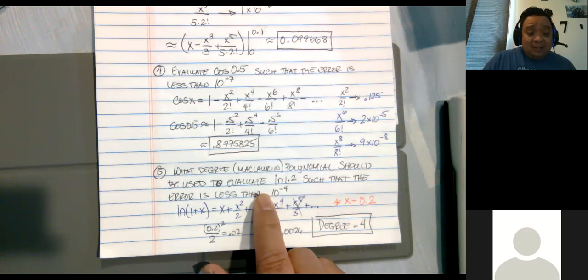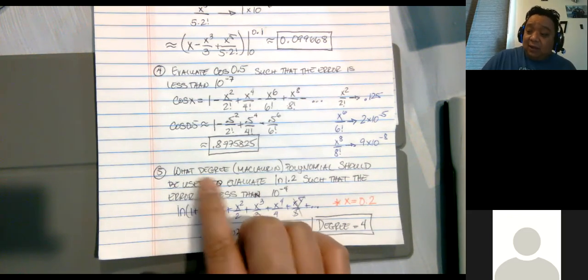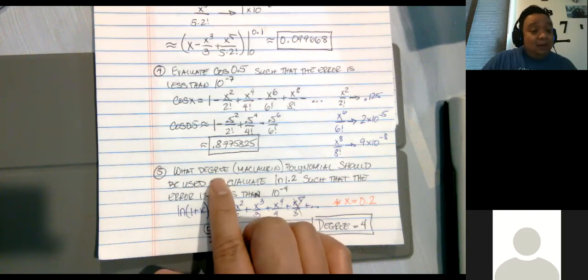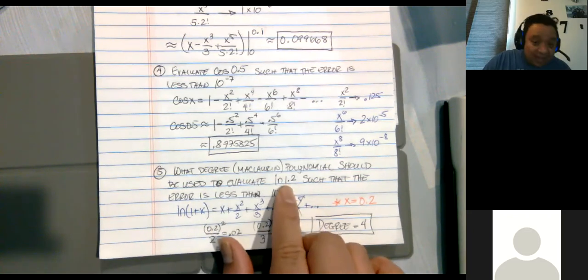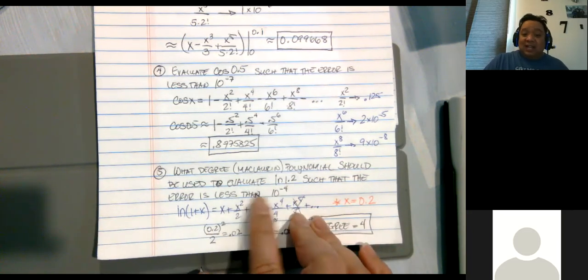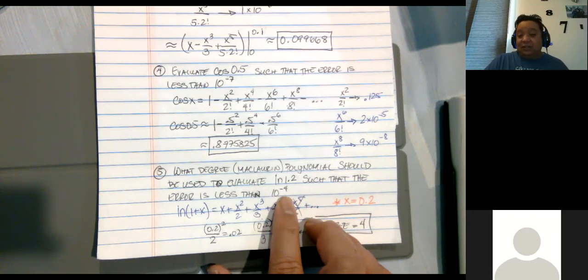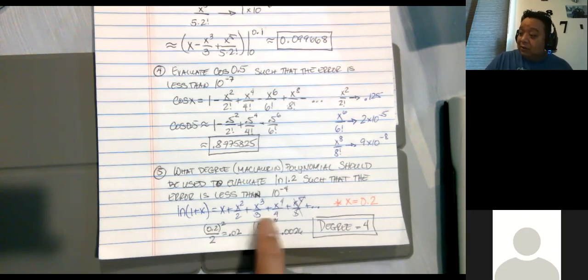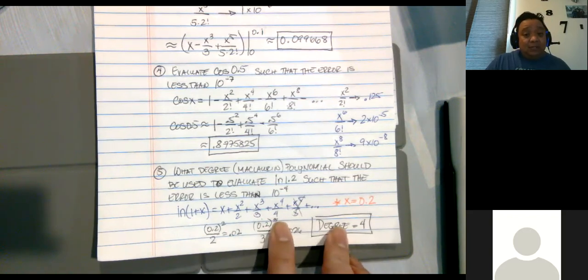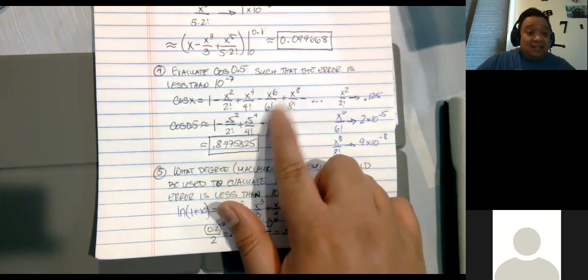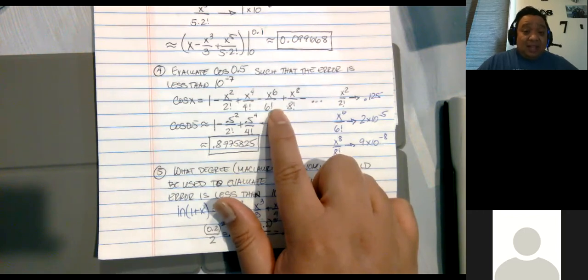Another way to ask the same question is, instead of saying what degree, they're going to say how many terms. So how many terms are you going to use to approximate your natural log of 1.2 so that your error is less than 10 to the minus 4? For us, that would be 1, 2, 3, the fourth term. The fourth term and the fourth degree are equal just because that's how your power series work. Now note, if I ask the same question on number 6, the answers are different.